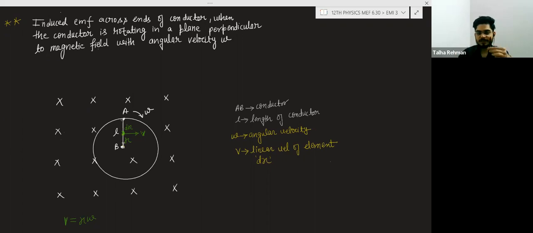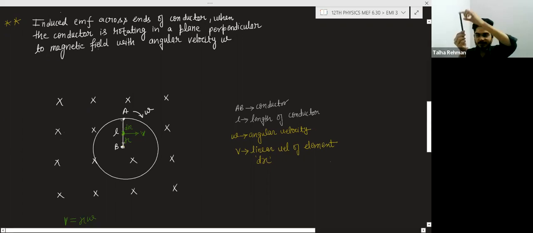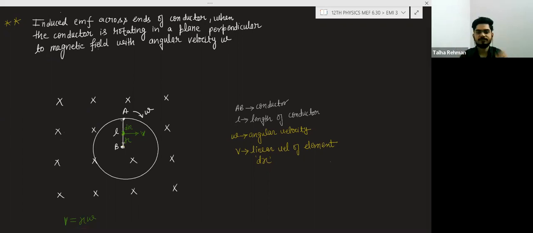Earlier, what I discussed was that your conductor is moving linearly. Here we have discussed the conductor rotating in the magnetic field.